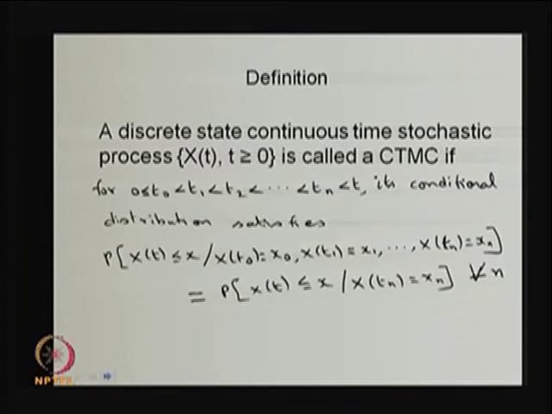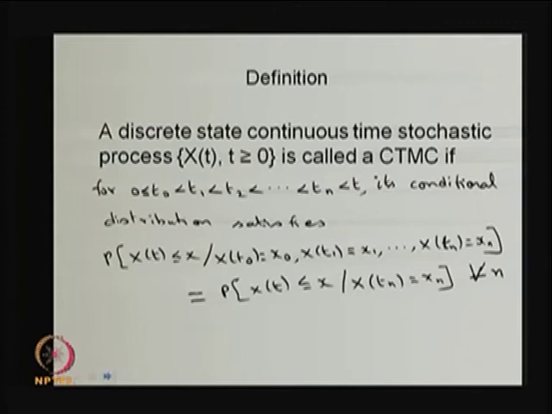That means the t is a sort of a future. So, what is the probability that the random variable will be in some state at the future time point t, given that you know the present state, that is where the system is in time point Tn, that is small xn, and I know the past information starting from x of t0 till x of Tn minus 1.